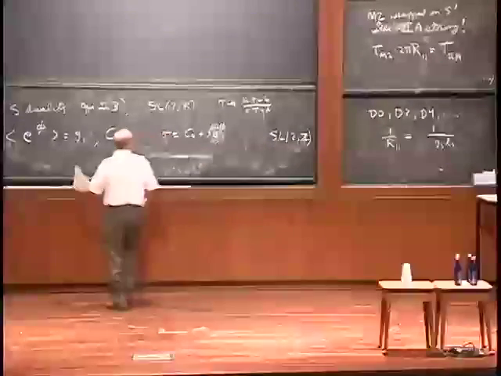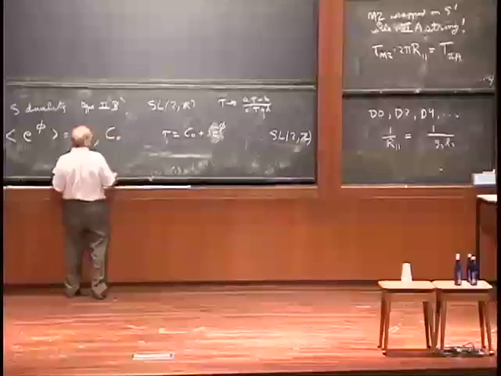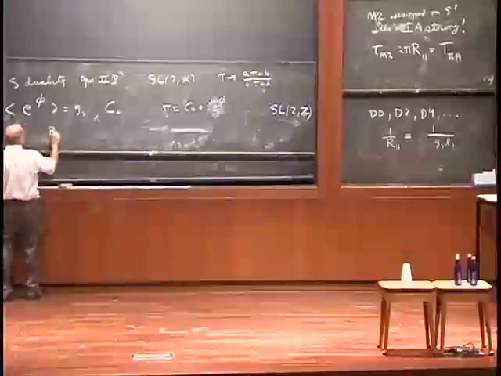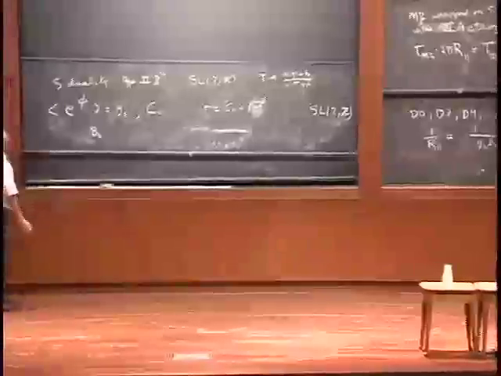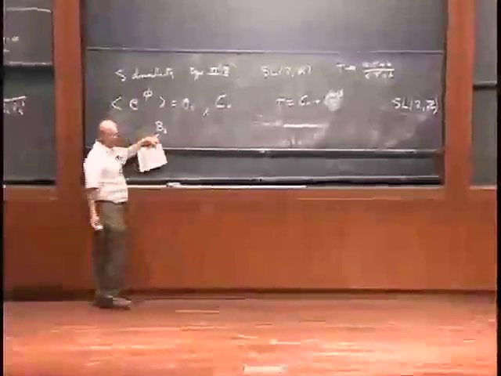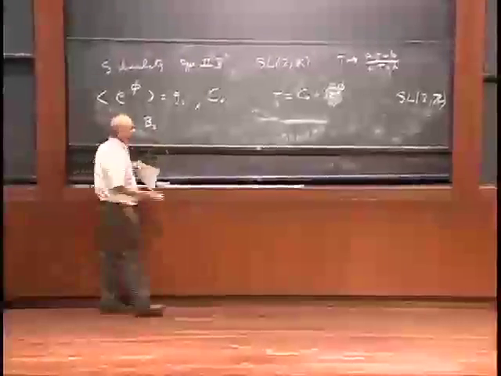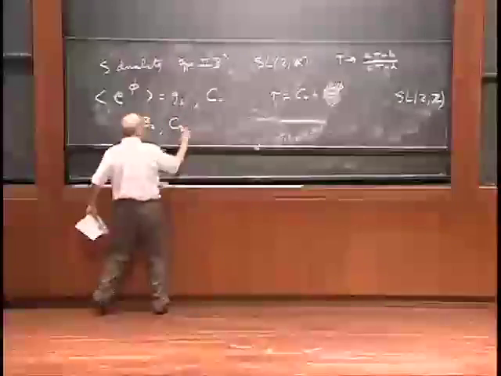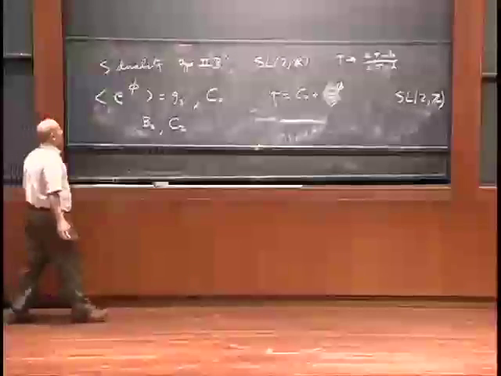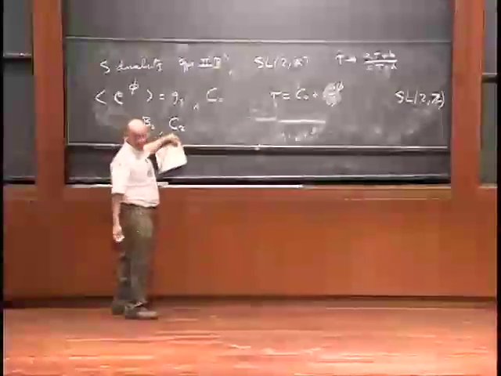There are other fields that transform in a non-trivial way in this theory. So there are two forms. There's a B2, which is the NS-NS 2-form that exists in the spectrum. That's the field that couples to the fundamental string. And then there was the Ramond 2-form that is the thing that couples to the D string.